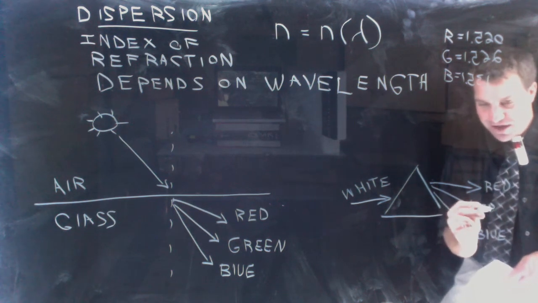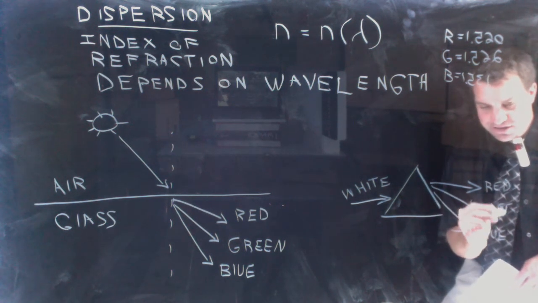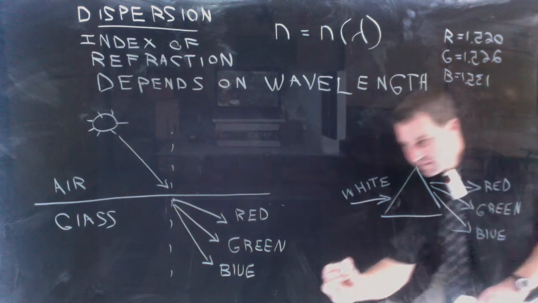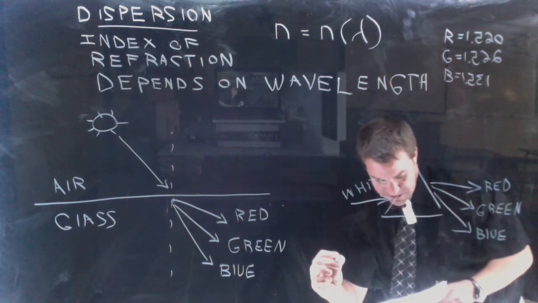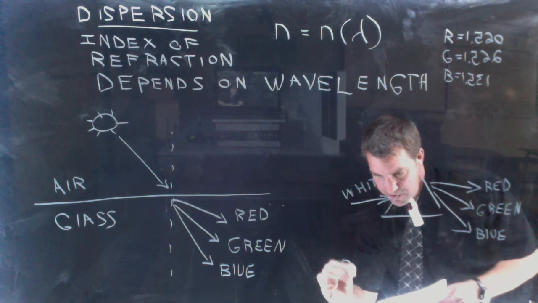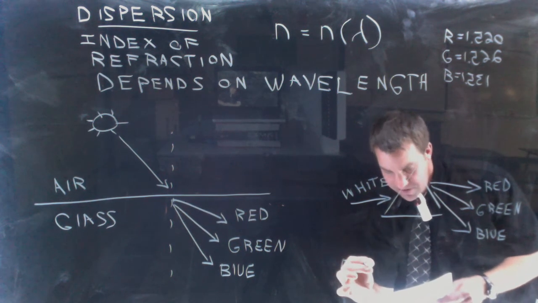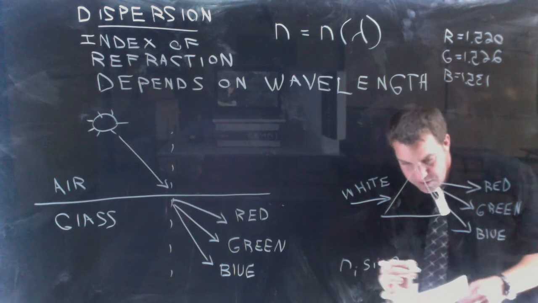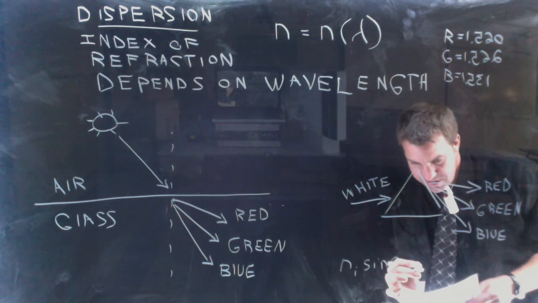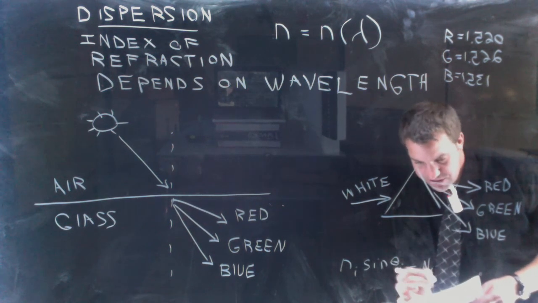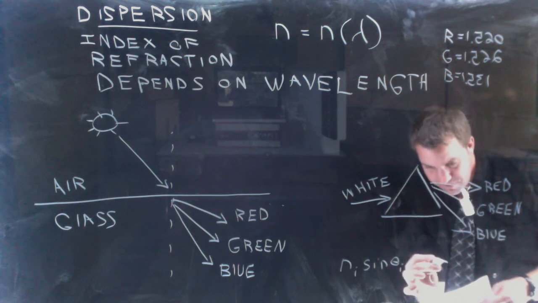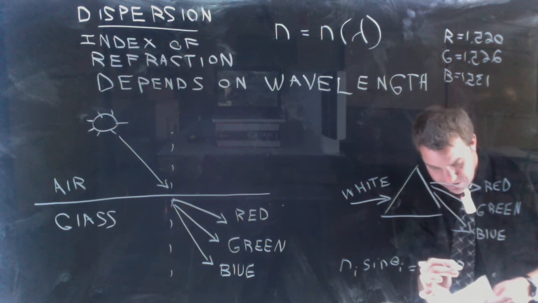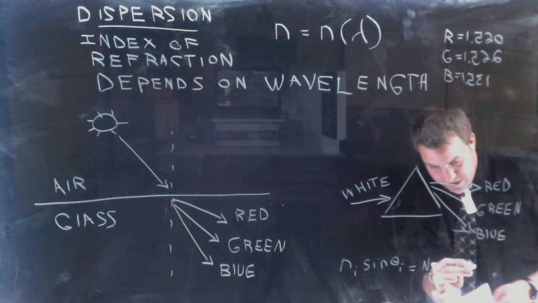Then there's a law, Snell's law, which tells us that the index of the incident wave times the sine of the incident angle is the index of the transmitted wave times the sine of the transmitted angle.